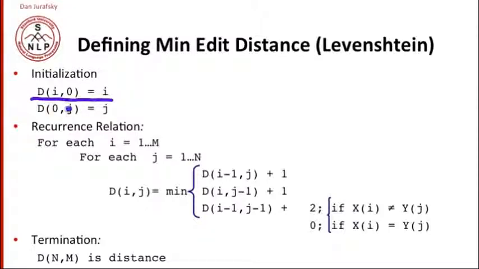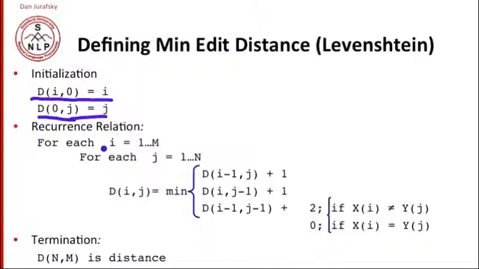So the cost of those is the length of the string. And similarly, for inserting all the characters into y to create the string y, the distance between the null string of x and the string y is just the length of y, the insertion cost of y. And then we'll do the recurrence relation.